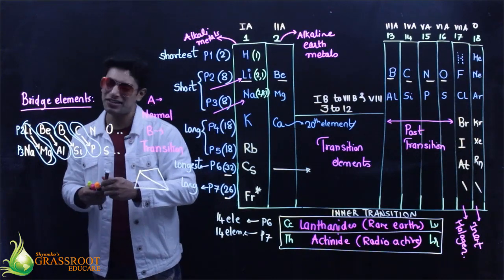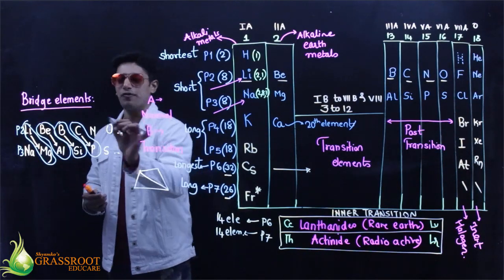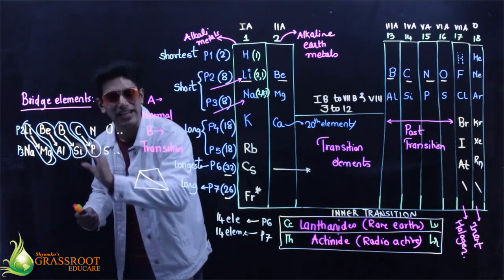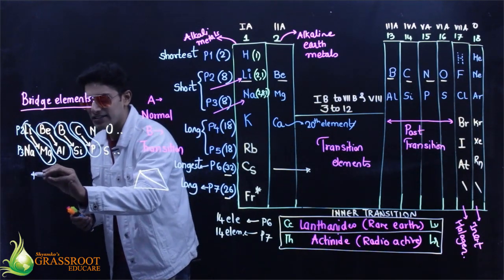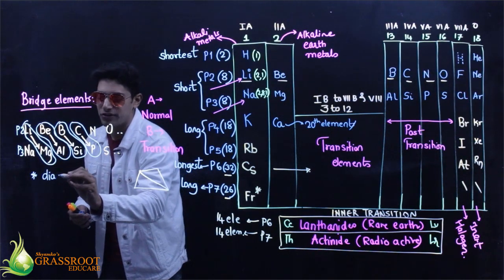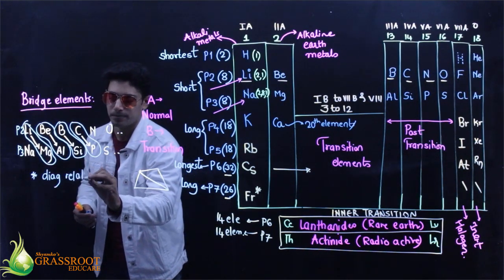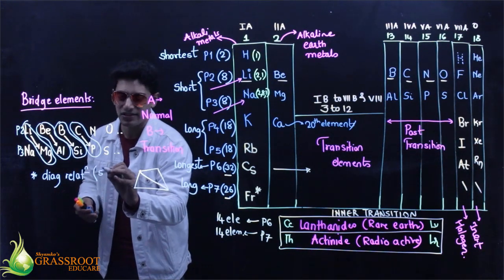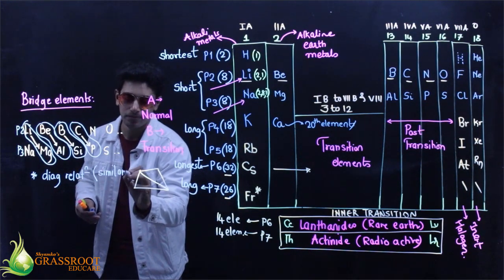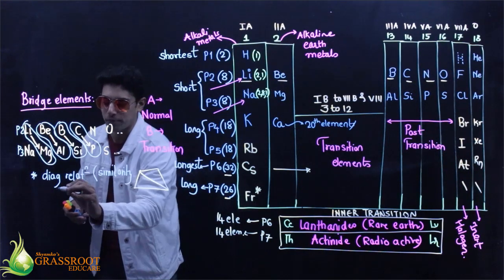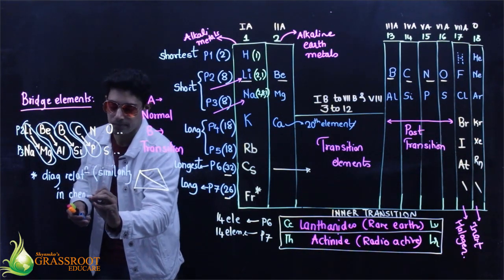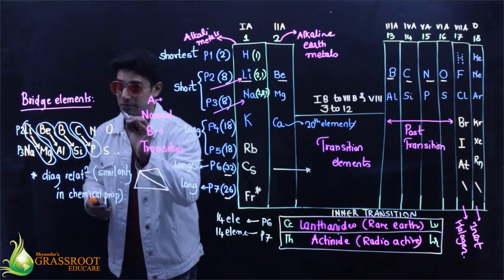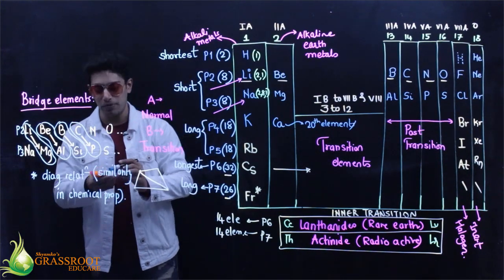If I write this in the exam, first I need to draw this representation, and I can say there is a diagonal relationship. Diagonal relation means similarity in chemical properties diagonally. So this was about the bridge elements.